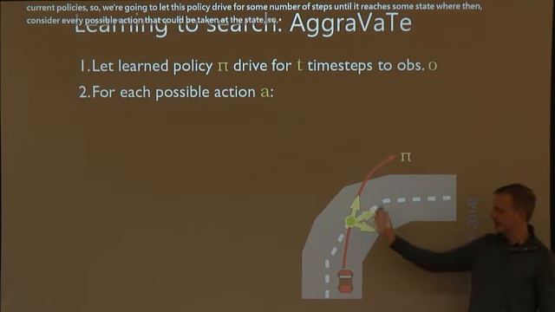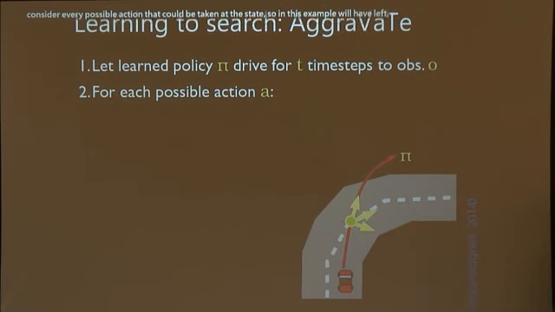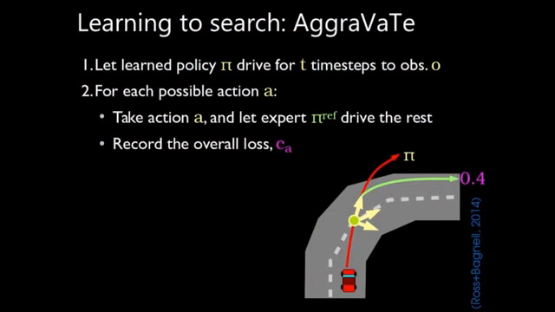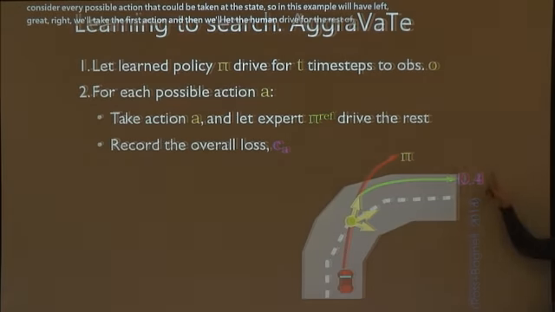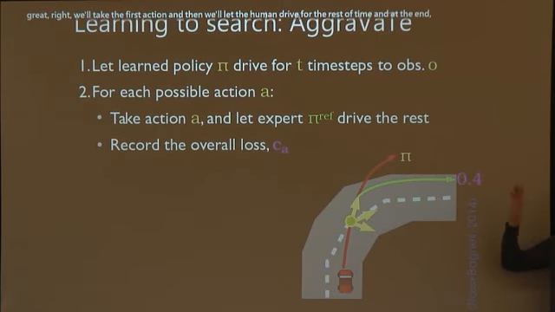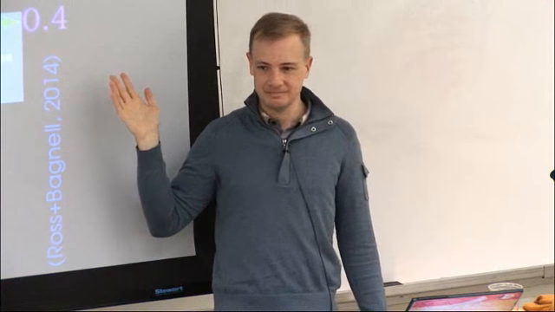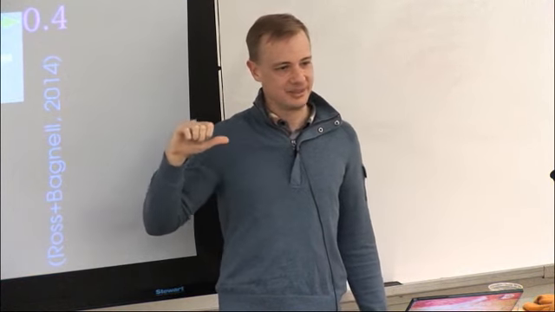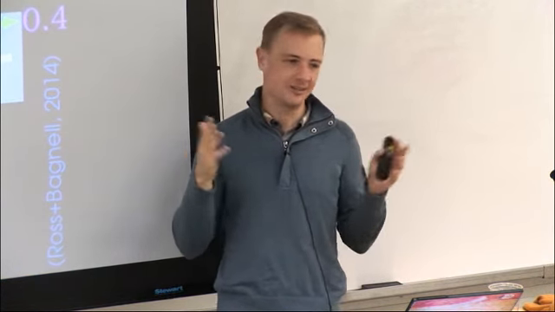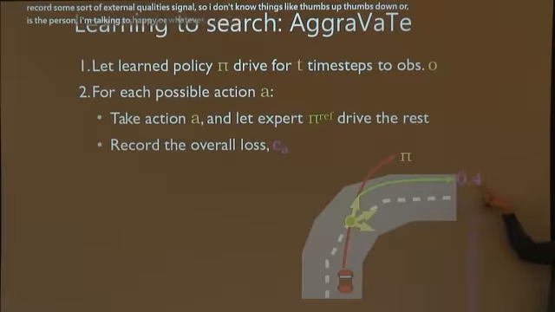In this example, we'll have left, straight, right. We take the first action, and then we let the human drive for the rest of time. At the end, we record some sort of external quality signal. Think thumbs up, thumbs down, or whether the person I'm talking to is happy, or whatever you can measure. So we get some loss.